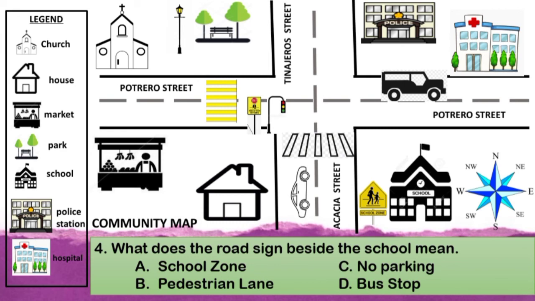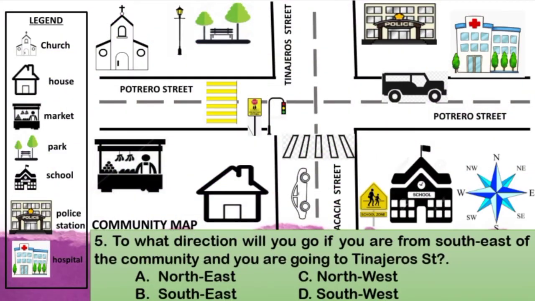C. No parking. D. Bus stop. Number 5. To what direction will you go if you are from southeast of the community and you are going to Tinajero Street? A. Northeast. B. Southeast. C. Northwest. D. Southwest.